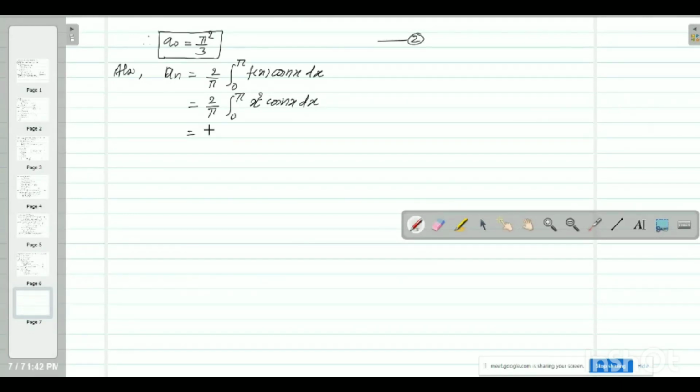So this is equal to 2 by pi. Here I am going to apply generalized integration by parts. So this is u, this is v. Here I am writing u and the integration of v, cos, that is sine n x by n, their coefficient. Minus derivative of this term 2x, integration of this, and the integration of sine is minus cos n x divided by the coefficient n, but n is already here, so this is n square. So minus, then here it will be plus.